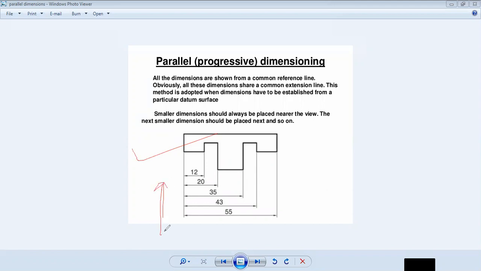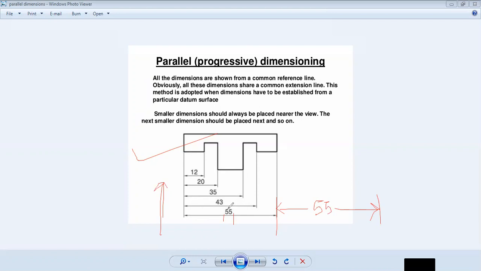So you may think this is unidirectional, but it is not, because in unidirectional we break the line. If I wanted to write this 55 in unidirectional, I should have written it like this. So this is the aligned system.